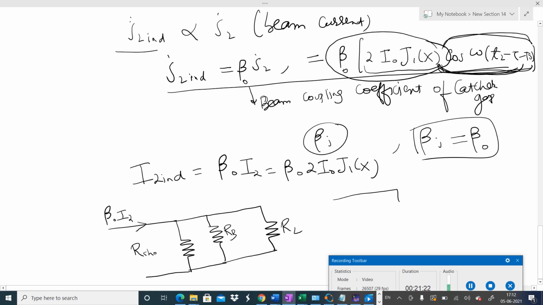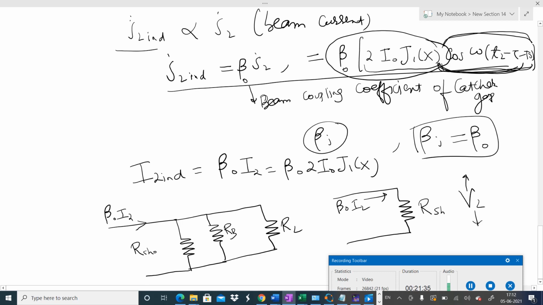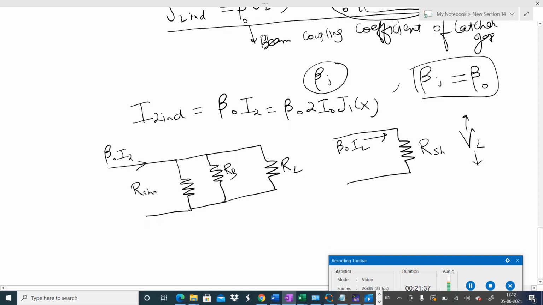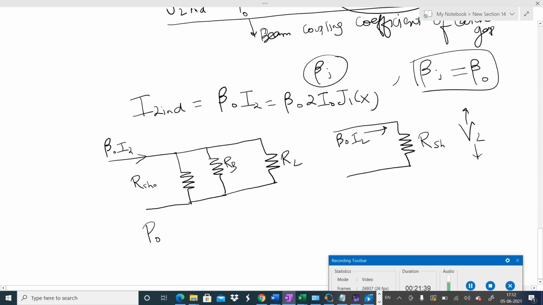Or, to make it very simple, we just assume there is some shunt resistance, and current beta naught I2 flows through it, and a potential V2 is developed across this shunt resistance. Then what will be the output power delivered to the catcher cavity?